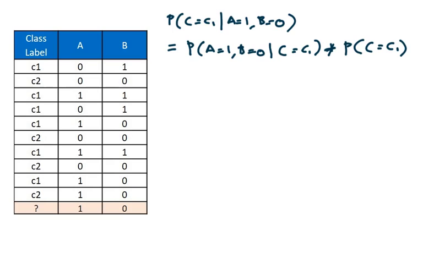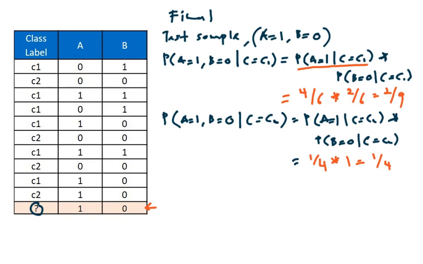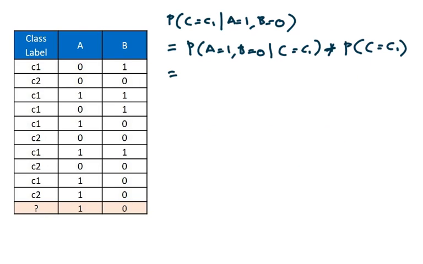Why this? Check back to our lecture notes on Bayes theorem. You can refer back to our previous slide, 2/9. And the probability of C1 is 6/10. This will give me 4/30.